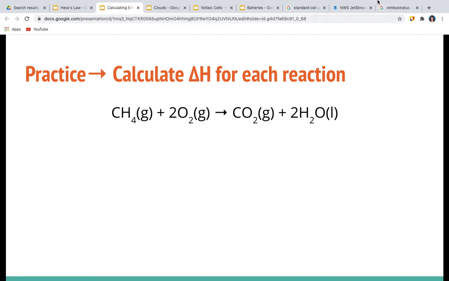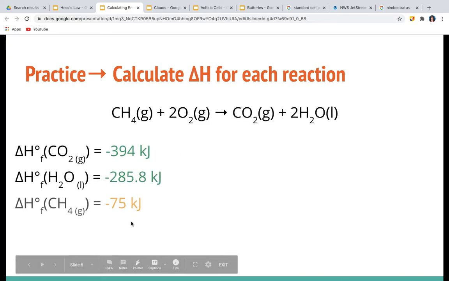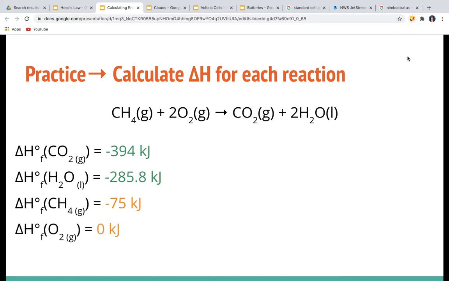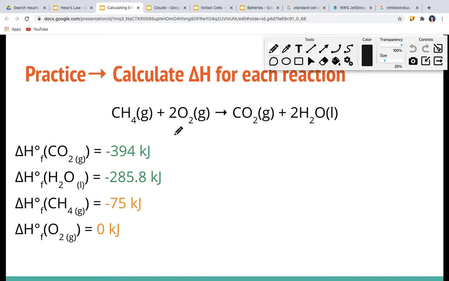Okay, so now we need to calculate delta H for each reaction here. And so remember, we're going to add up our reactants, we're going to add up our products. So what we need to do is figure out the heats of formation for each one of these. So I have, from the chart, the heat of formation of carbon dioxide gas is negative 394 kilojoules.